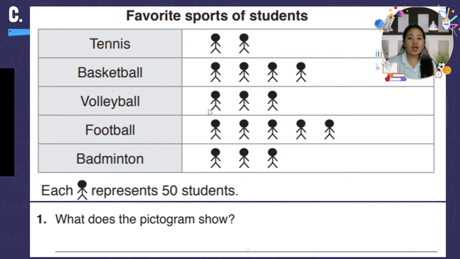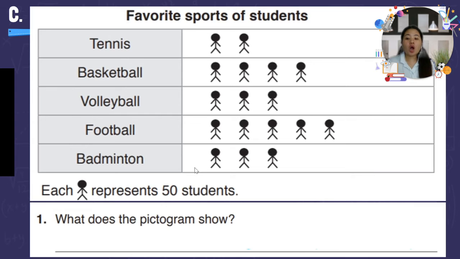Volleyball, 50 plus 50 plus 50, is 150. Football, five times 50, is 250 students. And last, badminton, 50 plus 50 plus 50, is 150 students.